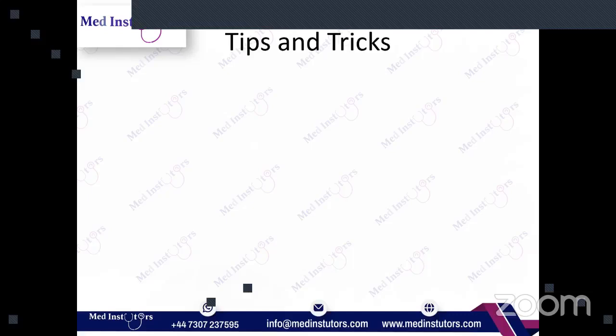So MRCEM Expert should be the second choice of question bank for the recalls. And apart from them, you can find recalls of all the previous years and do the recall topics in detail.